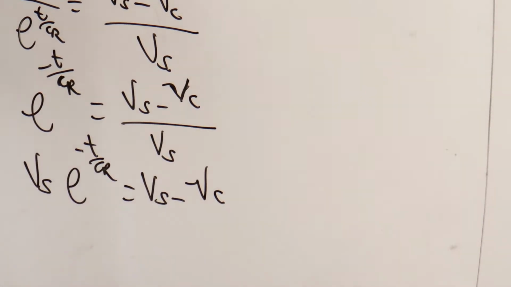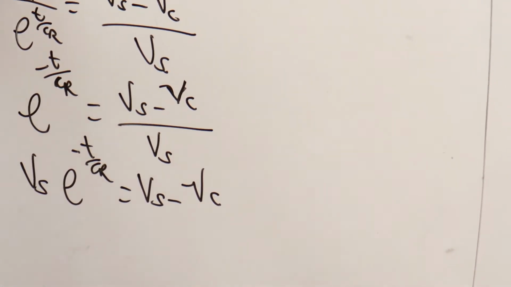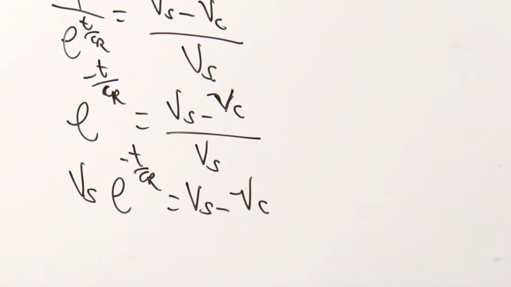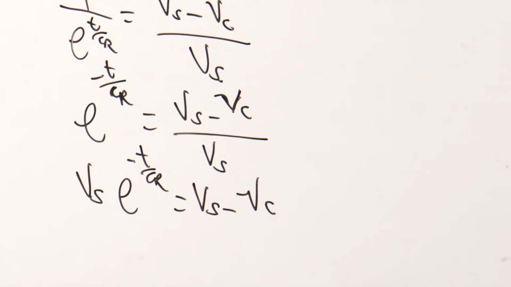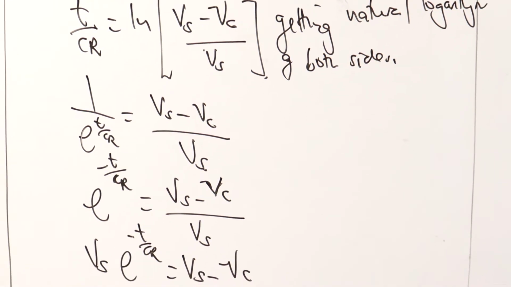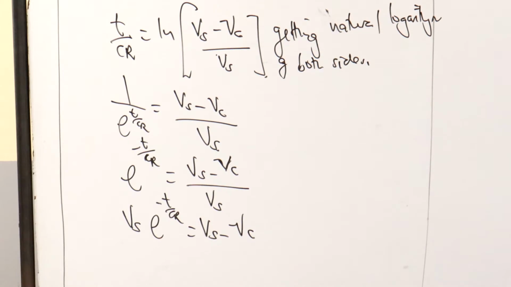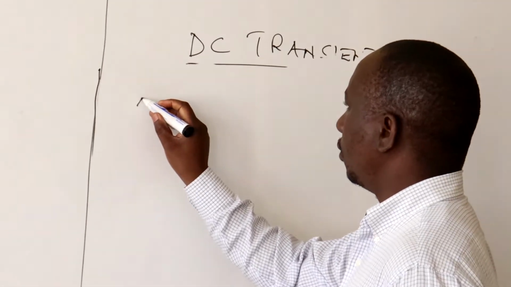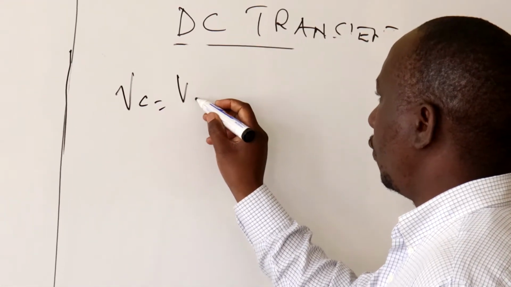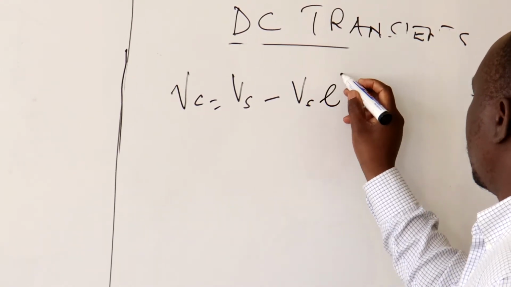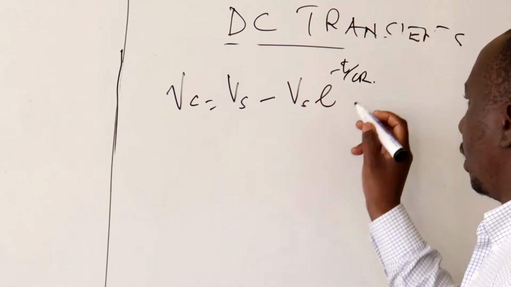Then collect like terms together, we shall have Vc supposed to be Vs minus Vs e to the minus t over CR.